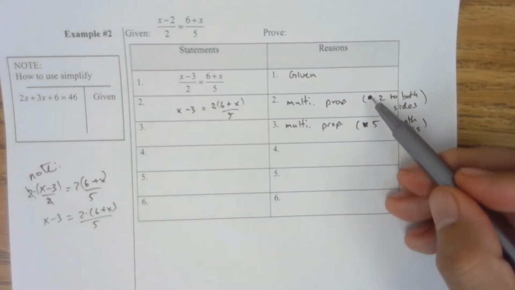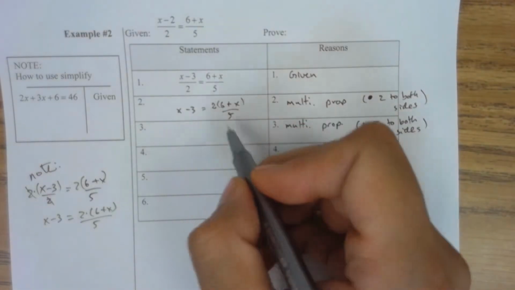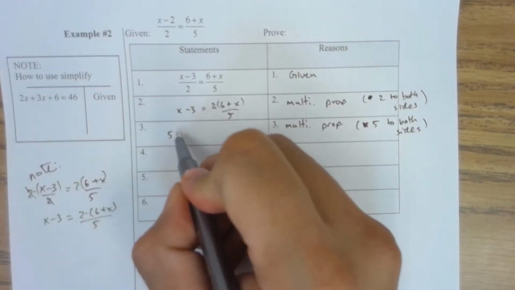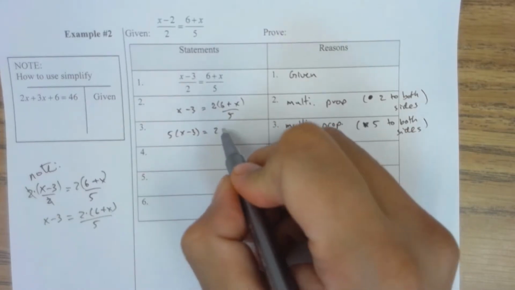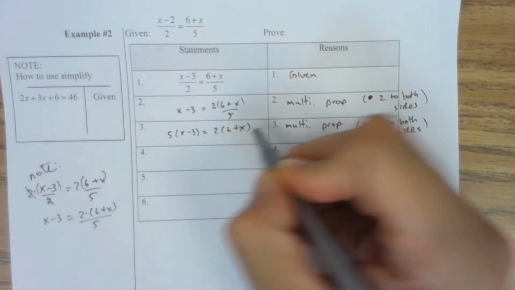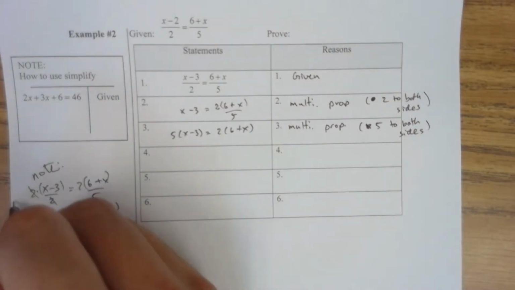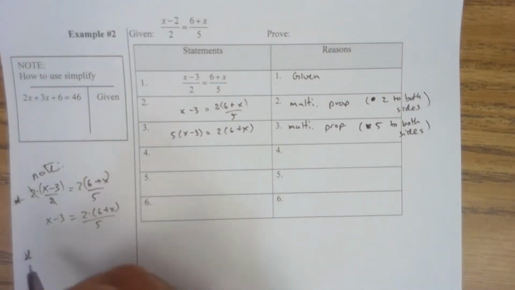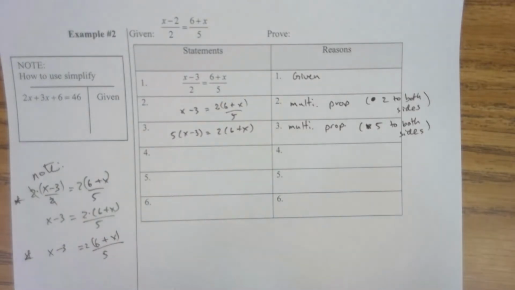You can use a dot or a times symbol for it. And we do that and multiply this, so it'll be 5 times (x - 3), and here we have 2 times (6 plus x). Again, you can write a quick note here if you want. So right here, what you did was you multiply both sides by 5.